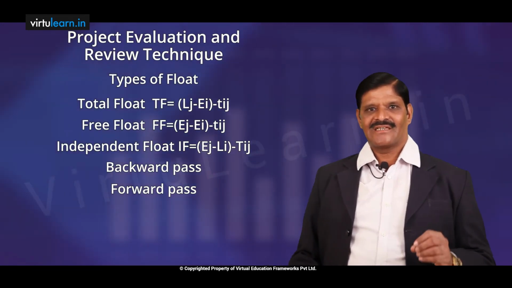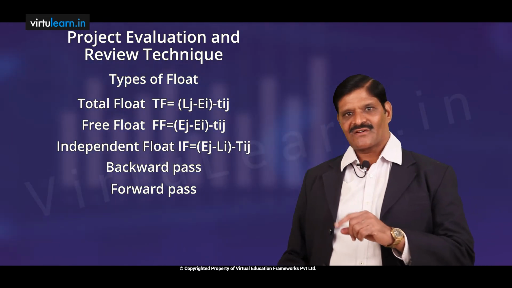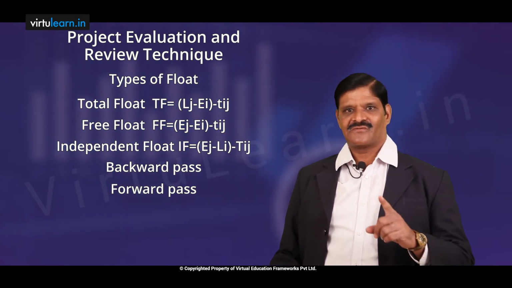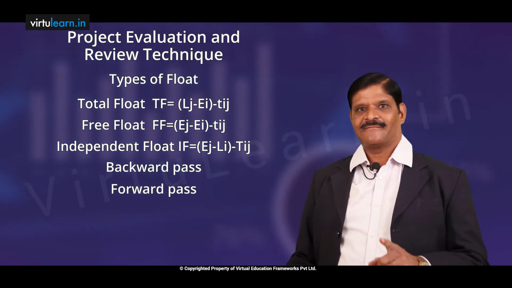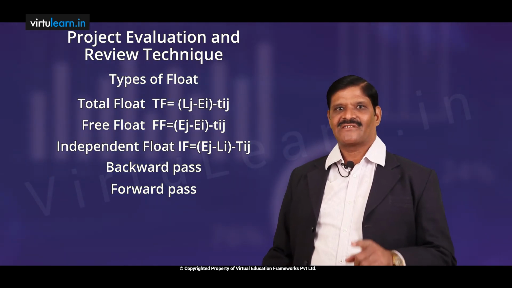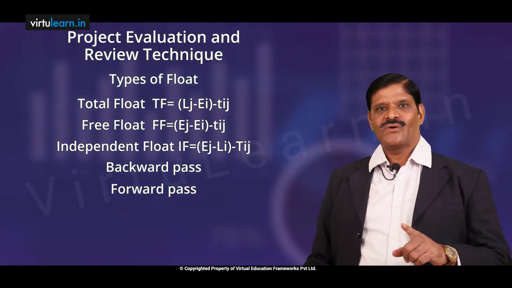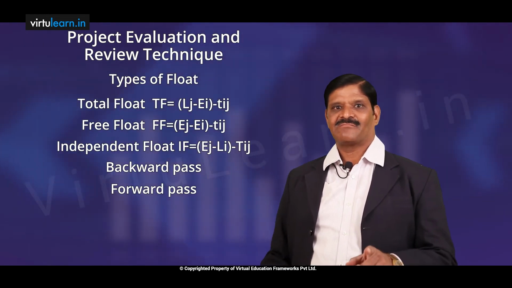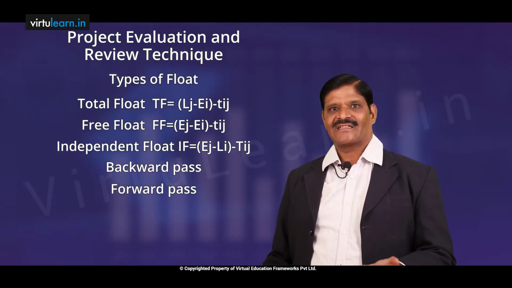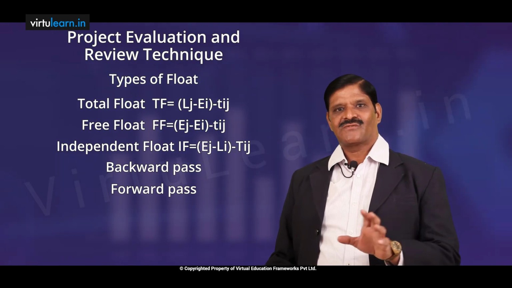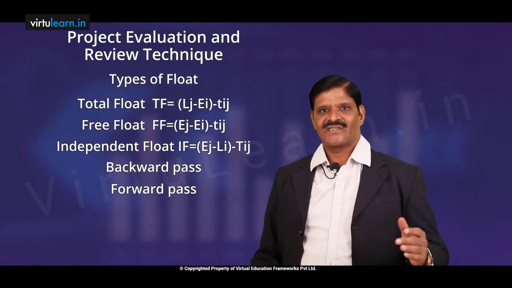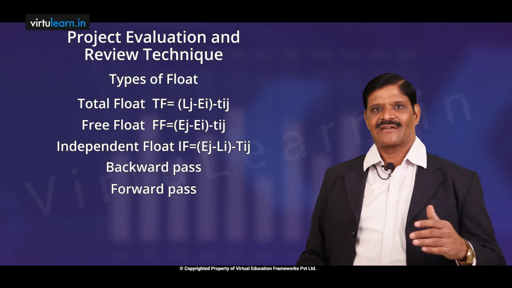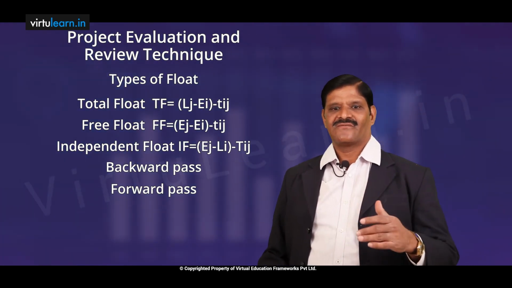This gives us the expected time. That means we have converted these three time estimates into one single time estimate, which will facilitate us to find out the project duration, because now we have only a single time estimate for every activity lying on the diagram. So we use this to find out the duration of each path and find out the critical path.